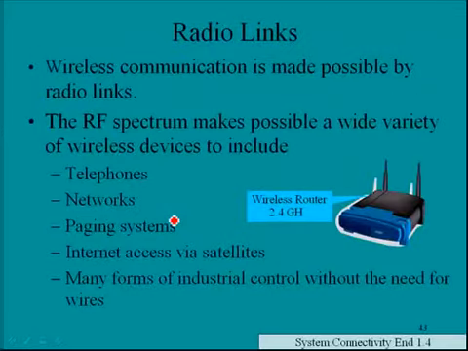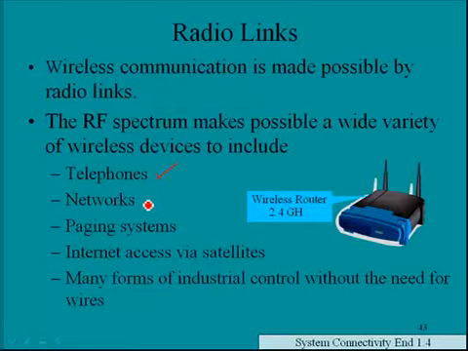Okay, radio links. Wireless communication is made possible by radio links. The RF spectrum makes possible a wide variety of wireless devices, and this is not all encompassing, but just a few of the things are: we have wireless telephones these days.